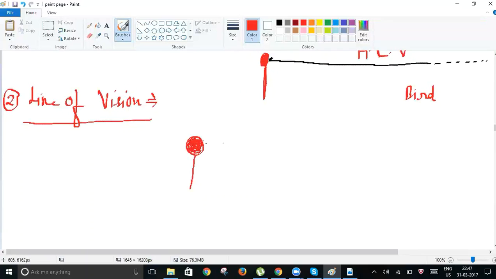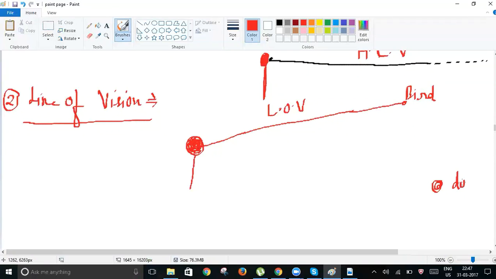You want to look at that bird. So what will you do? You will raise your head. There will be a line starting from your eyes and reaching this bird. This is called line of vision. This line helps you to see objects. This line can be upward like this when you are looking at a bird.